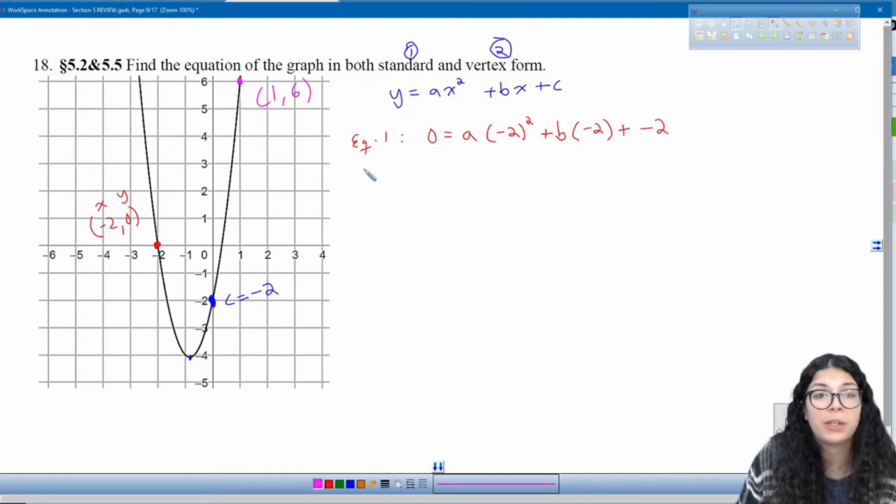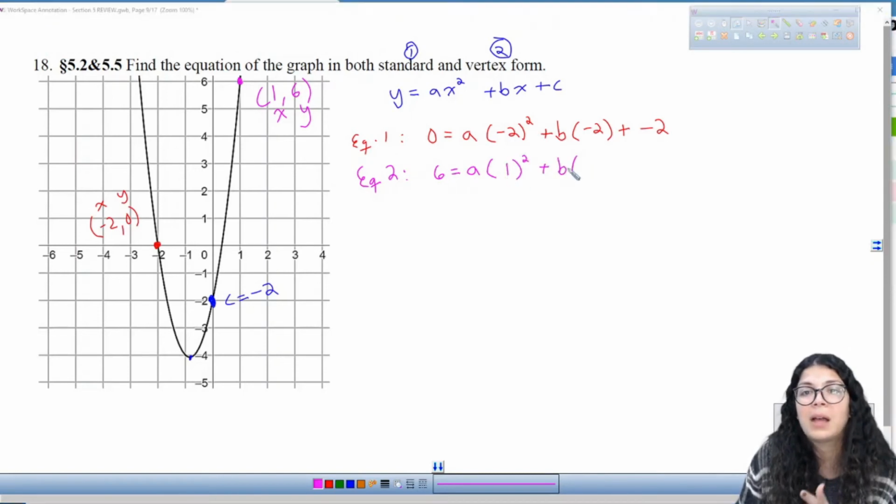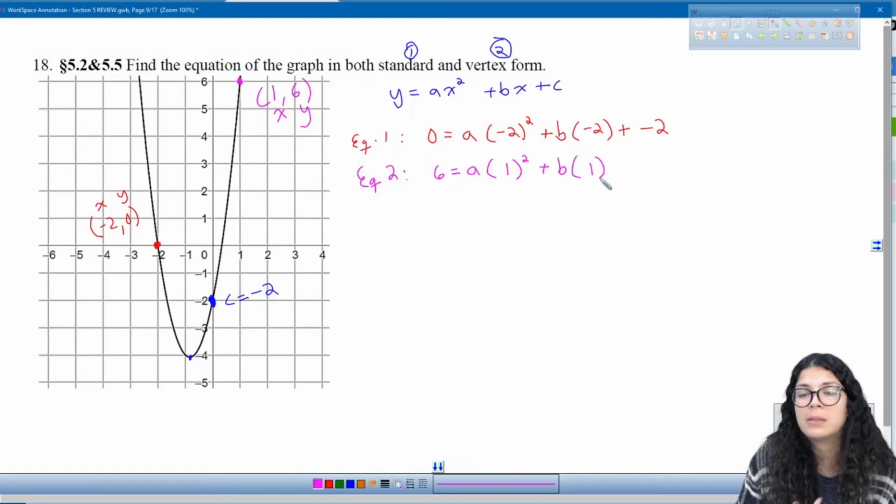For your second equation, you're going to use your second point. So now this is the x and y that I'm going to use. Again, standard form. So the y value here on the second equation is 6 equals a times the x value on the second equation, 1 squared, plus b times the x value, 1, plus the y-intercept. The y-intercept for the graph is obviously still -2.